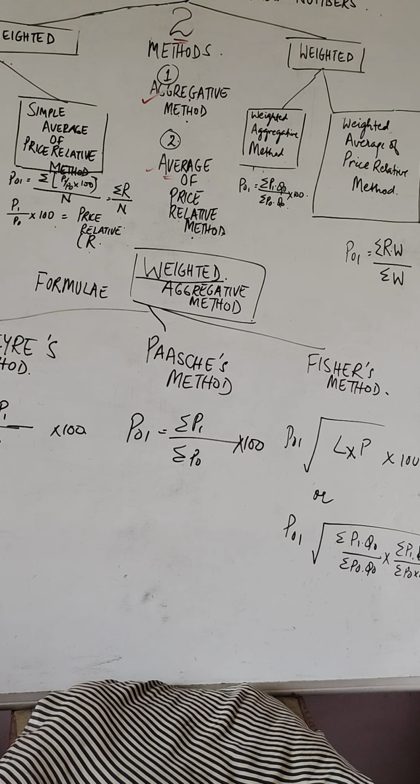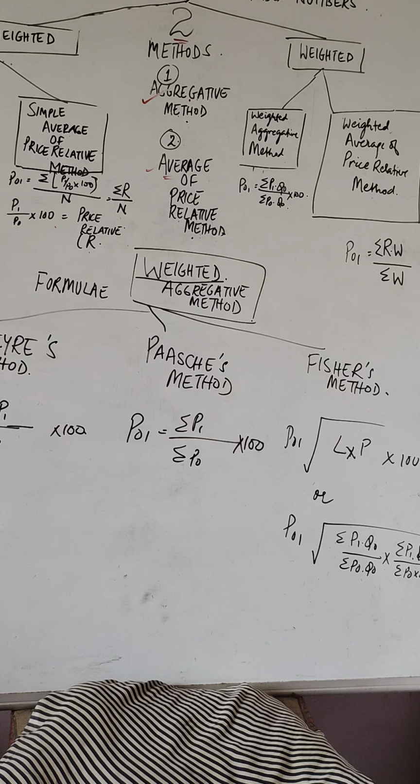Since the total value changes with the fixed basket, the change is due to price change. If that's not very clear, just try to understand that under the weighted methods, weights are given to various commodities that are included in the index, because some commodities may be more important than others.